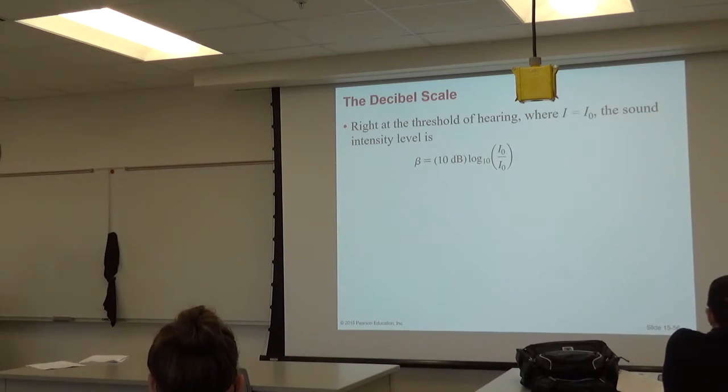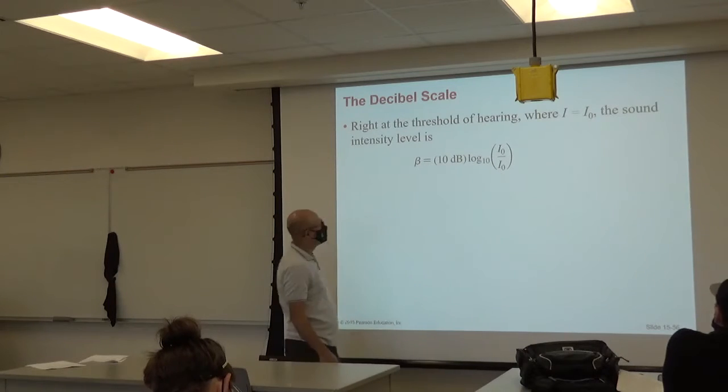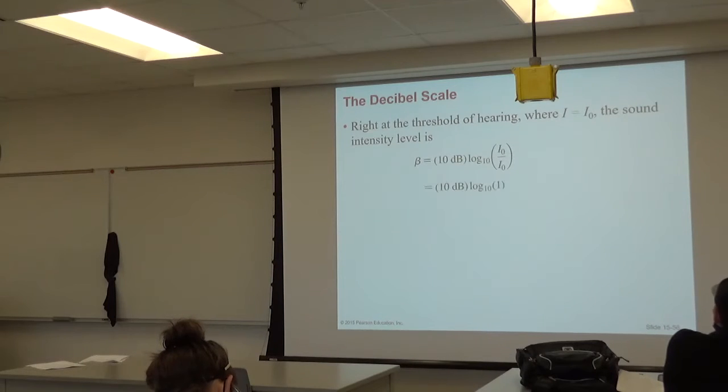And then I naught and I naught cancel. You have 1. So log of 1. If you punch the number in your calculator, log of 1 is 0. So beta, or the sound intensity level, is 0.